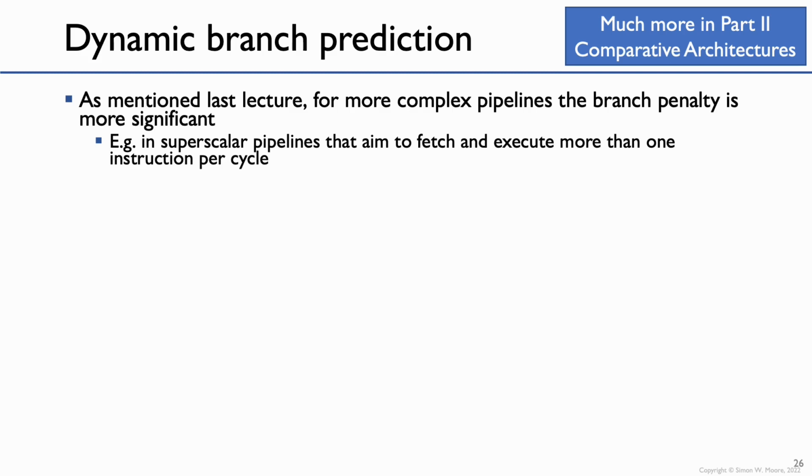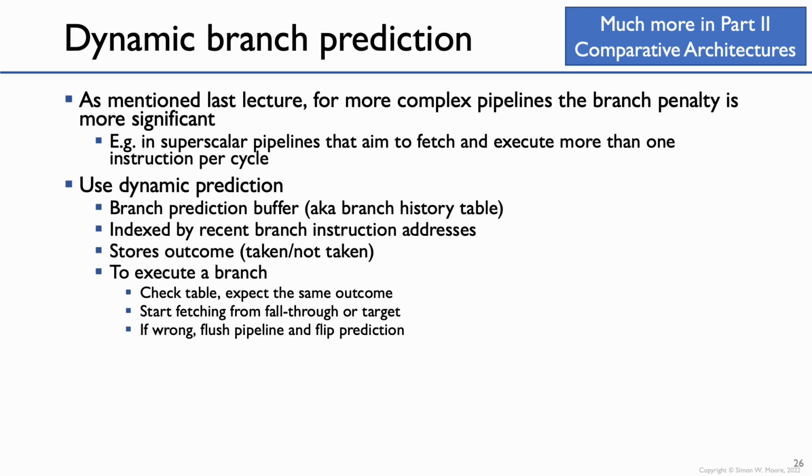And so we tend to have fetched a lot of instructions in error if we're not careful. So we tend to use dynamic branch prediction. And in hardware, we tend to use something like a branch prediction buffer or a branch history table.